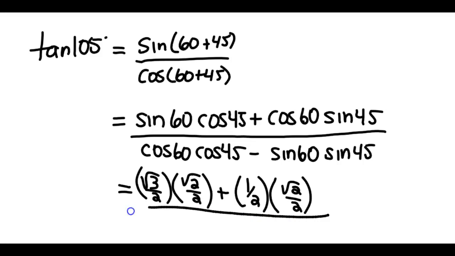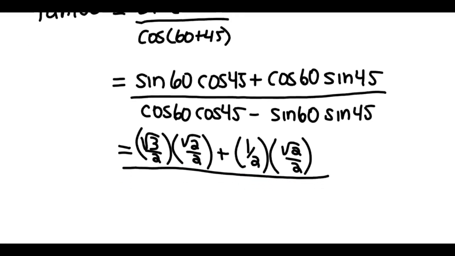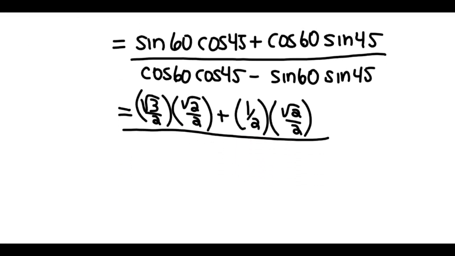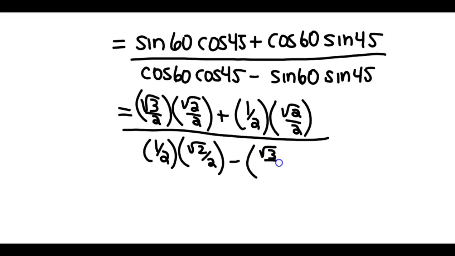And then we still have the bottom here. Cos 60 is 1/2. Cos 45 is root 2 over 2. Sine 60 is root 3 over 2. And sine 45 is root 2 over 2. And then all we have to do is simplify.